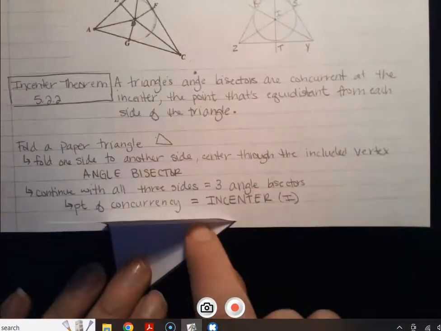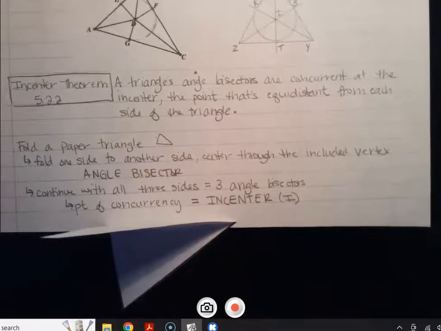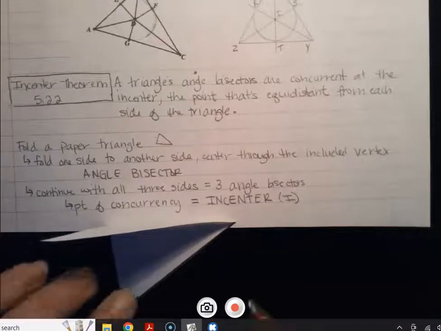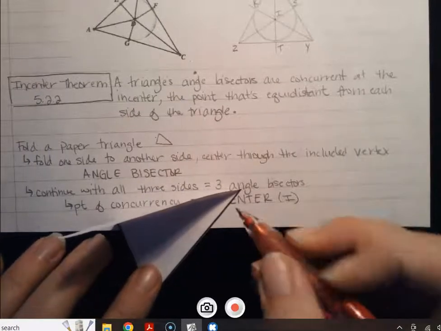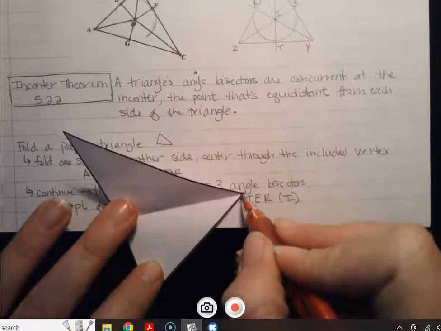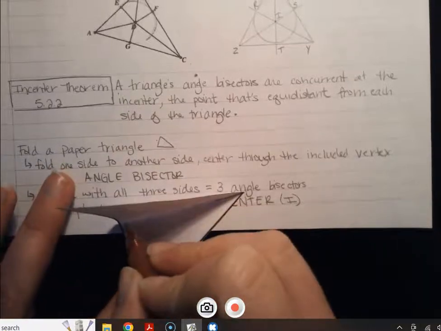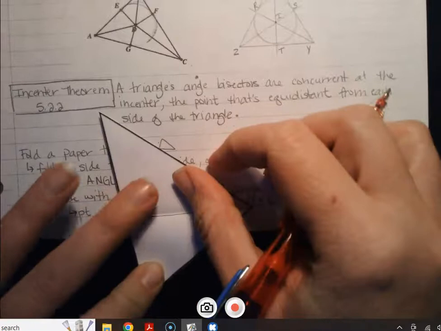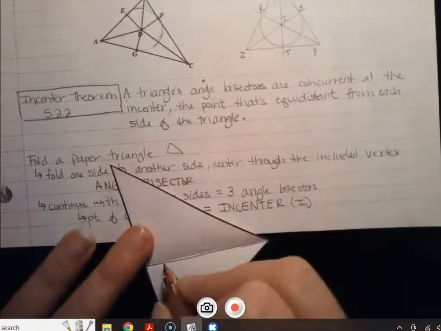So what did we just make right here? What is that line? We took the angle and we cut it in half, we folded it in half. What did we make?